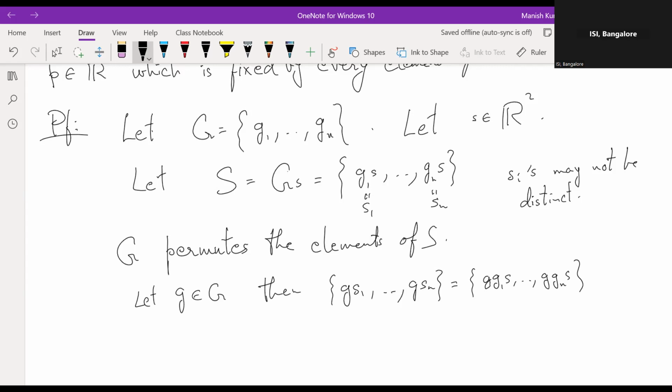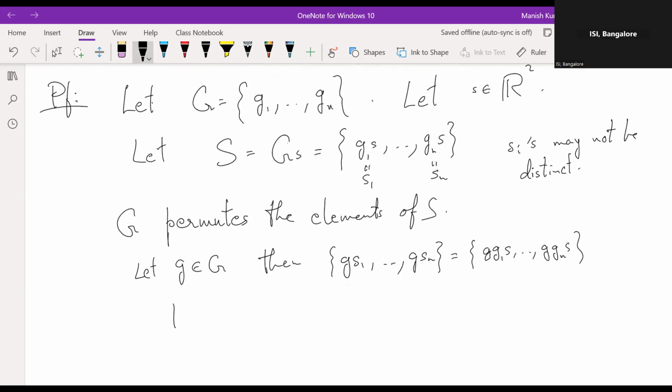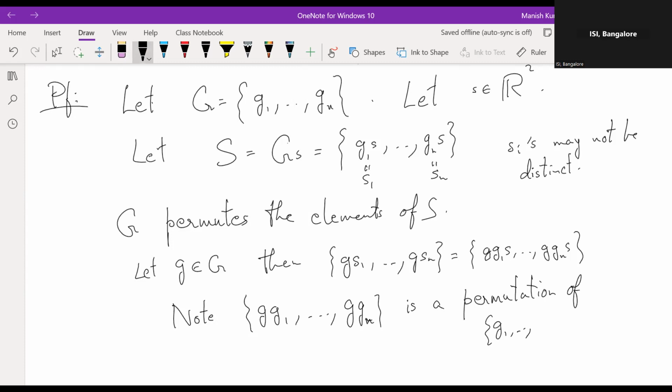It's just a permutation of the Gi. So note that GG1 to GGn is a permutation of G1 to Gn.